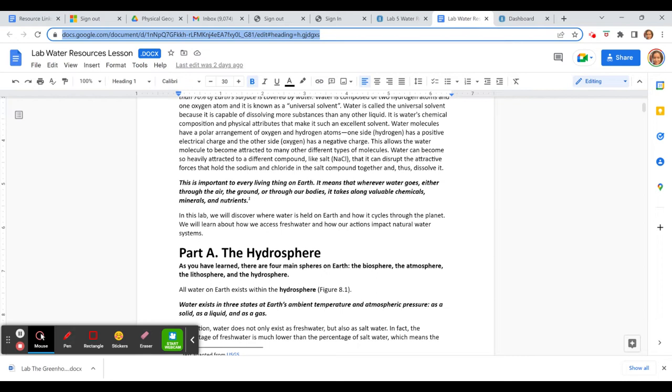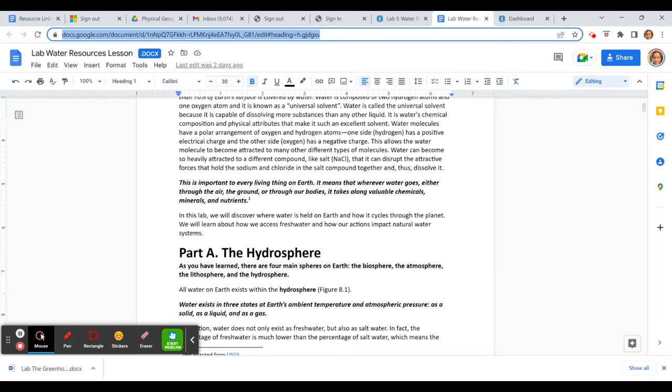For example, there could be great things in there for humans, like helpful minerals. Unfortunately, there might also be things like fake fertilizers, like lead, things that we as humans put into our environment, and along the way, water picks it up and then we ingest it.